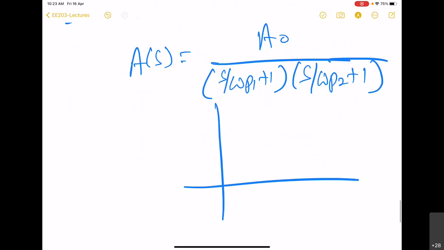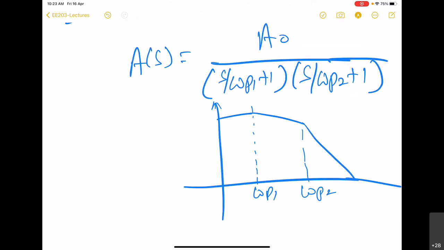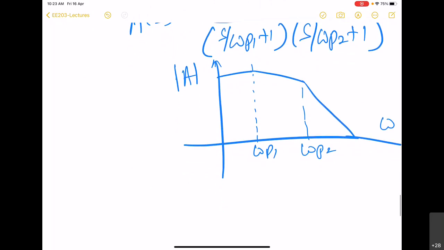So here the transfer function will be like this. This is omega P2, this is omega P1, 2 poles. And each of the poles will give rise to a phase shift of 90 degrees.